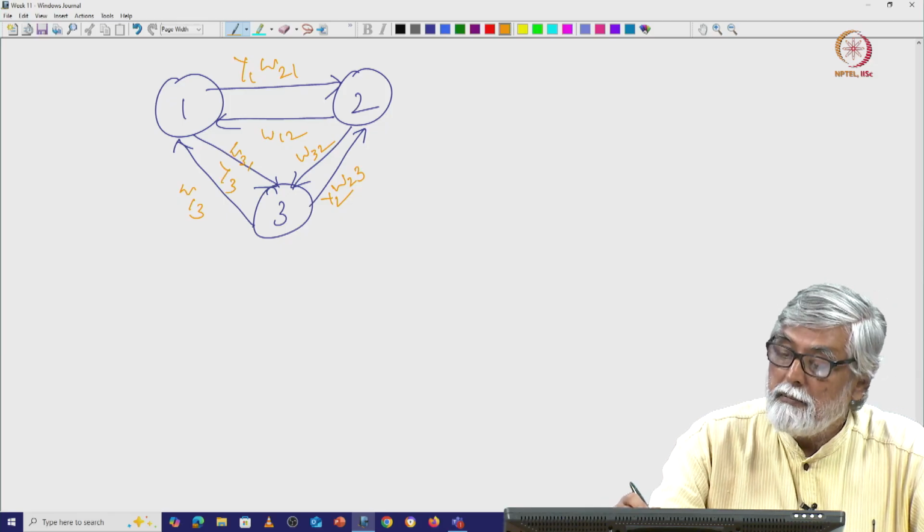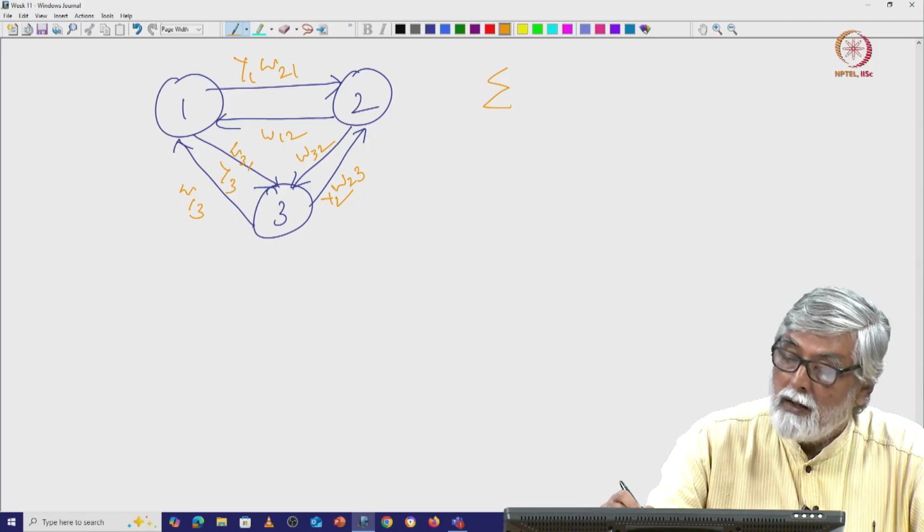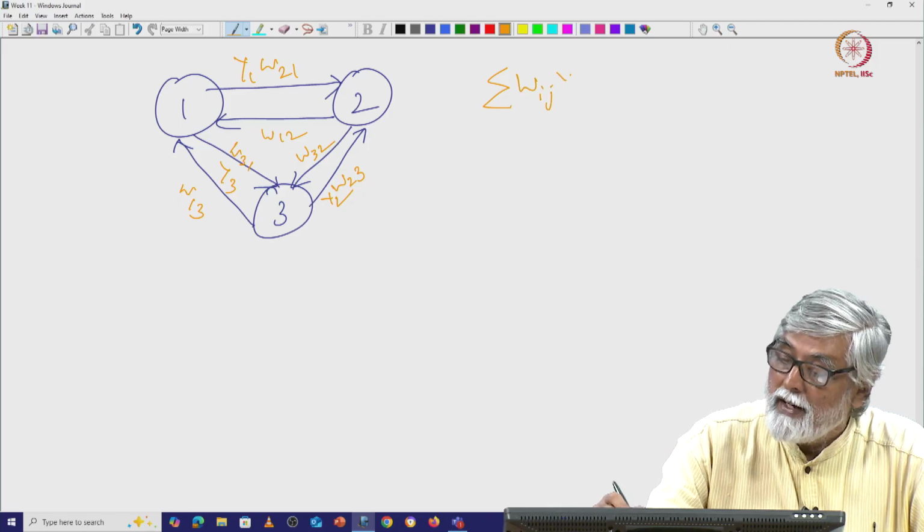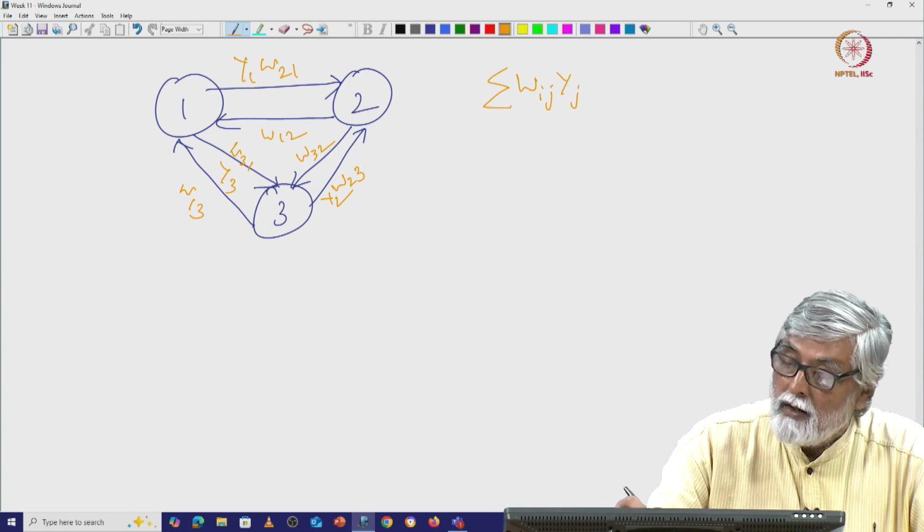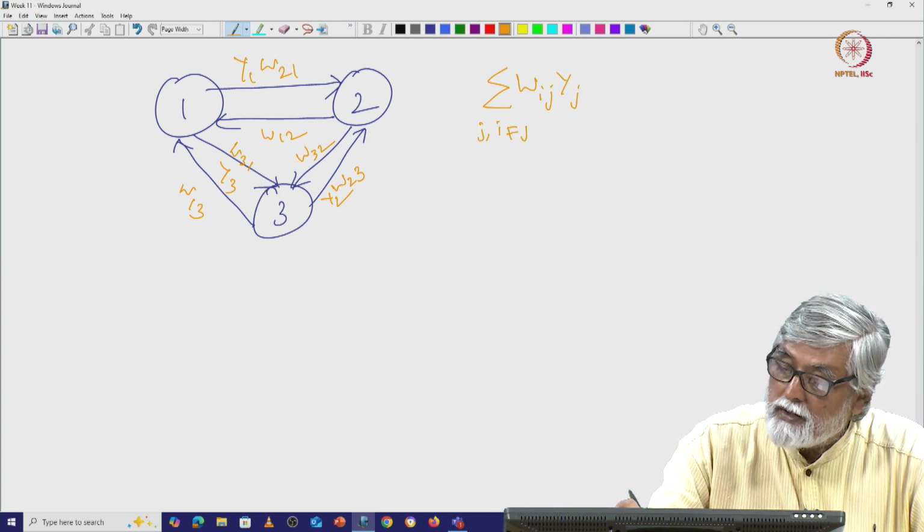So, it is of the type sigma Wij Yj for all j and i not equal to j.